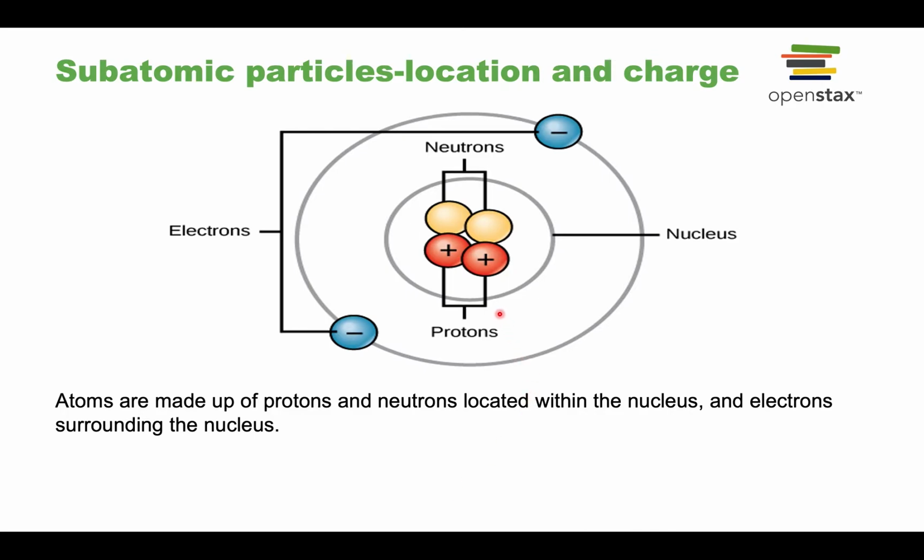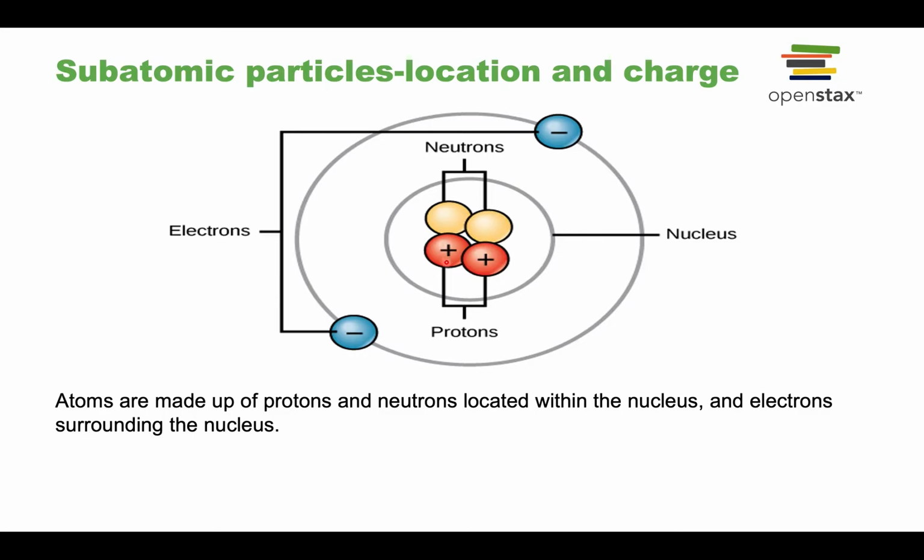So here's a very simple representation of the element helium. Now, there are two pieces of information that are really important. One of them is the location of all these subatomic particles.